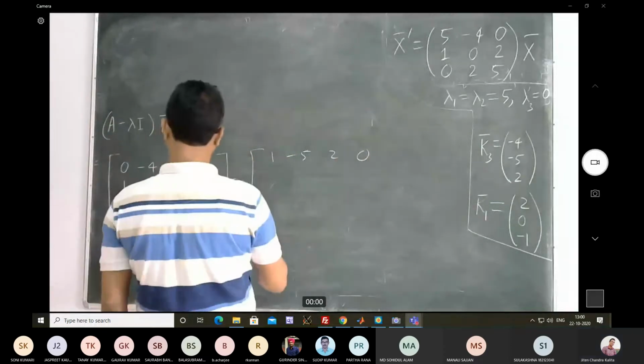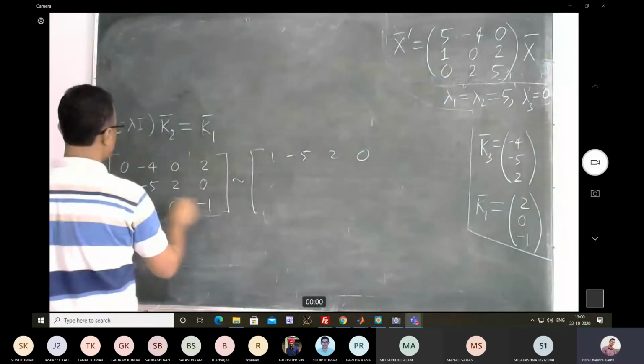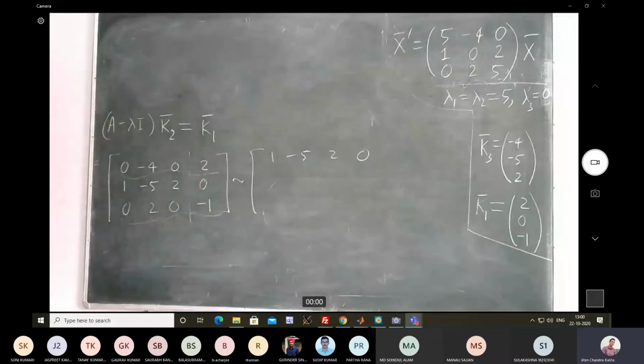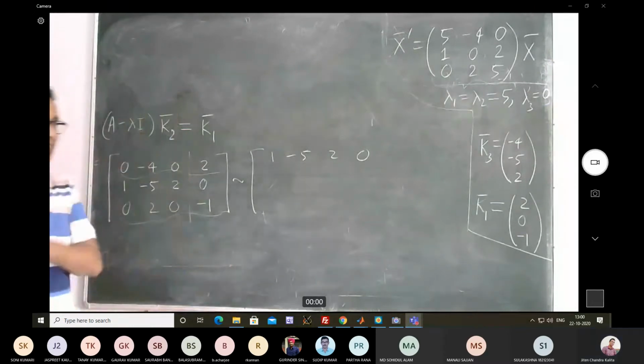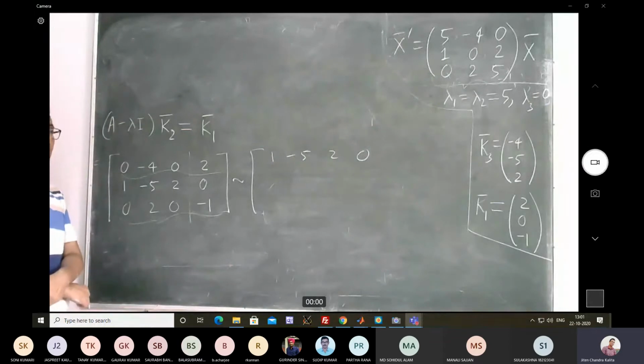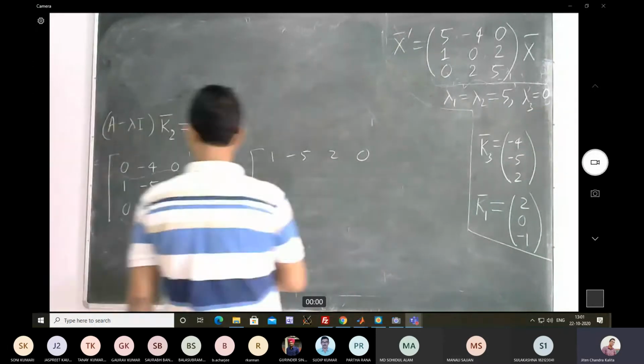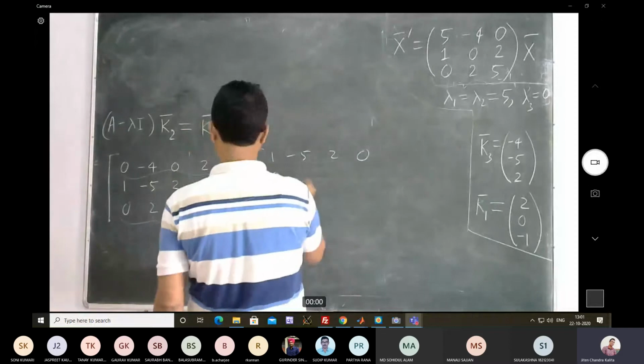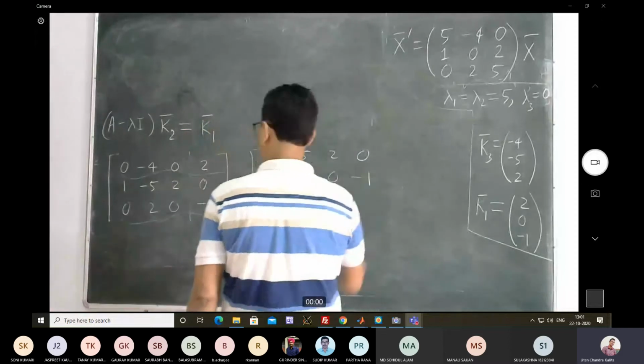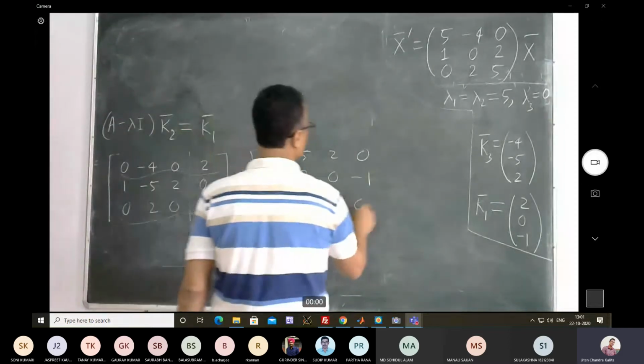Then again, these are multiples of each other. Is it okay everybody? 2, 0, minus 1, fine. The first and third row: the first row is simply minus 2 times the third row, right? So I'm simply going to write it as 2, 0, minus 1, and then 0 0 0 0. Is it okay with everybody?